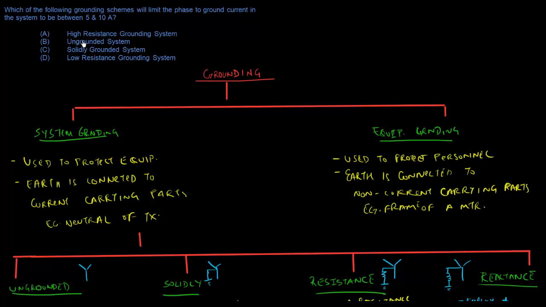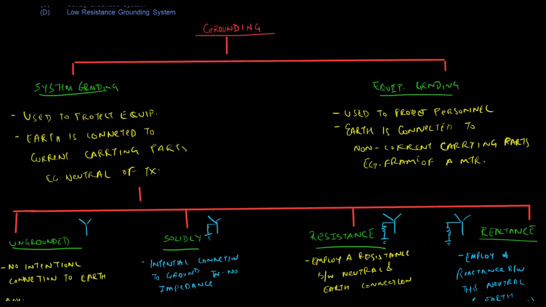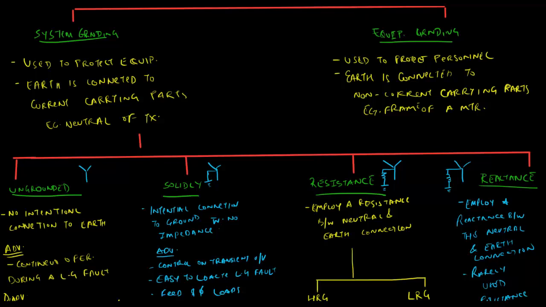So the right answer, as we've seen, is the high resistance grounding system, where you have a high resistance value here between a neutral and your earth connection, and you're limiting the current to most values being between 5 and 10 amps. So I hope that gave a good introduction to grounding schemes in power systems.